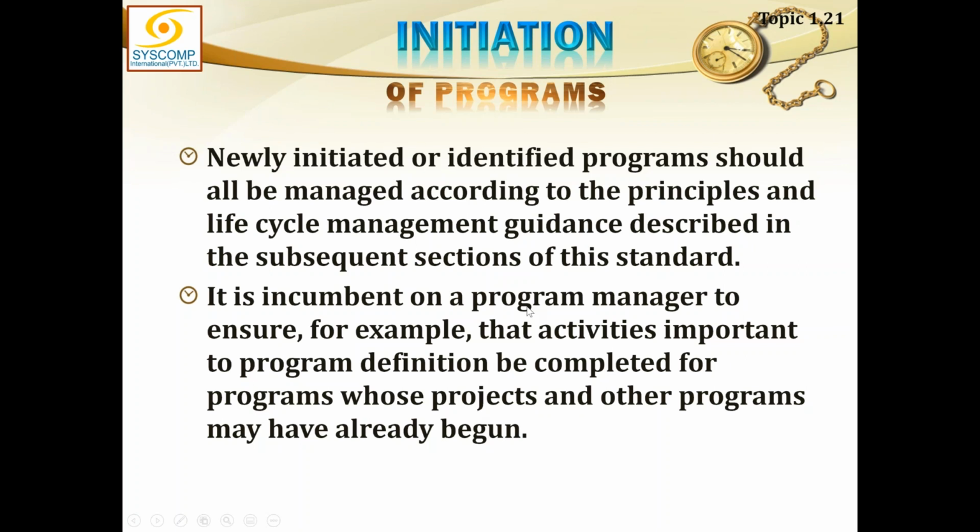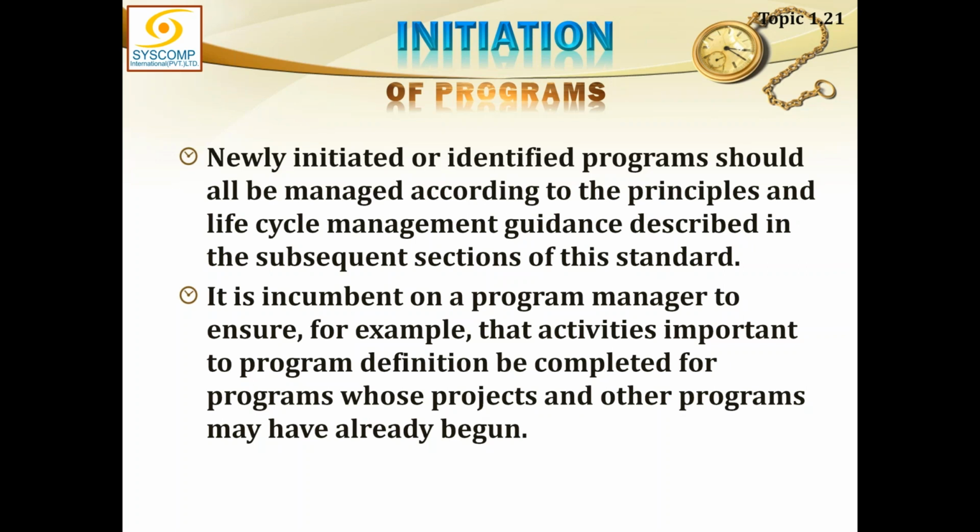It is incumbent on a program manager to ensure, for example, that activities important to program definition be completed for programs whose projects and other programs may have already begun. So we understand that until the program has been defined and a program management plan is in place, how can we start the execution?